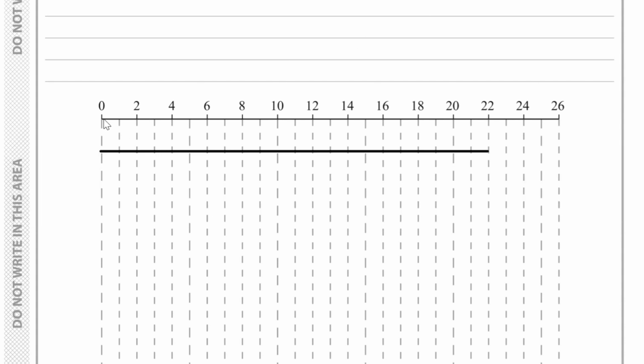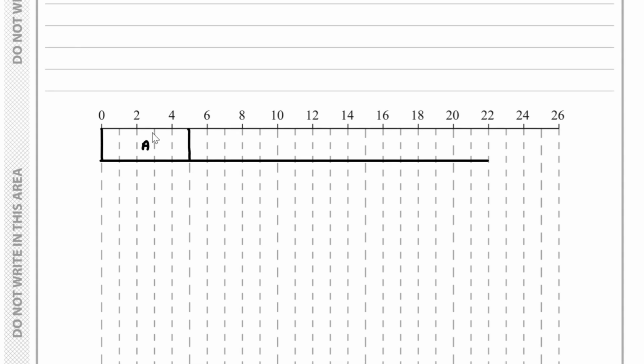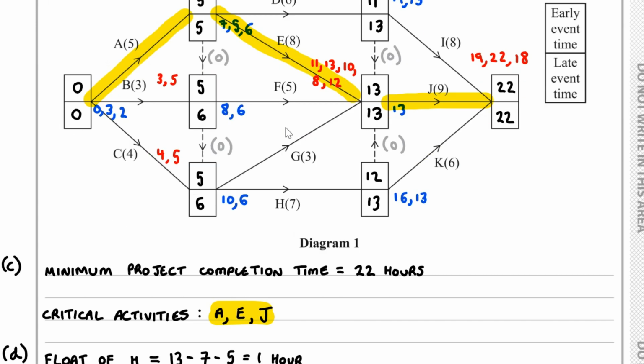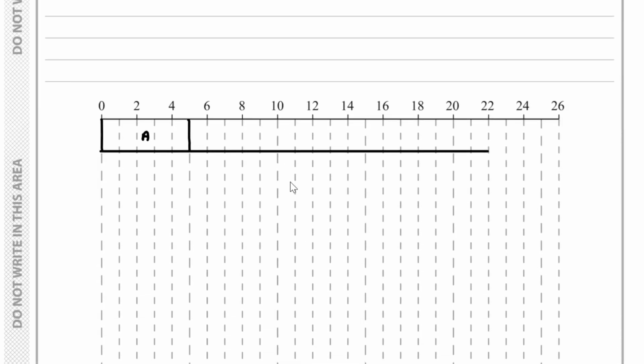Then we begin with A, and that has duration 5. So here we've got A. Then we've got E, that's got duration 8. So that takes us up to 13.